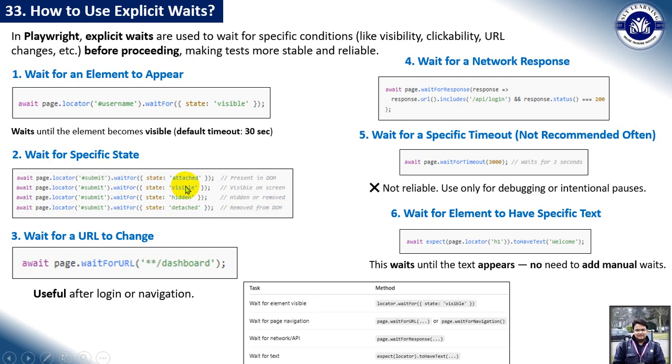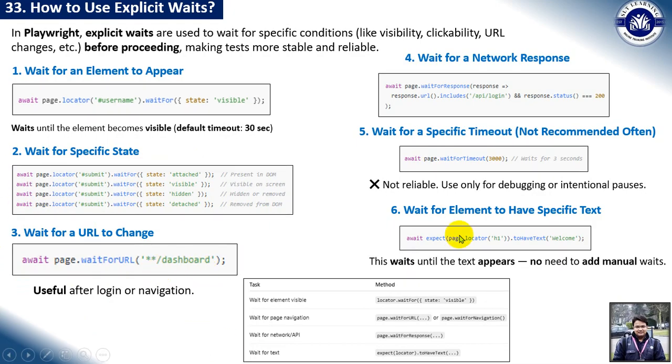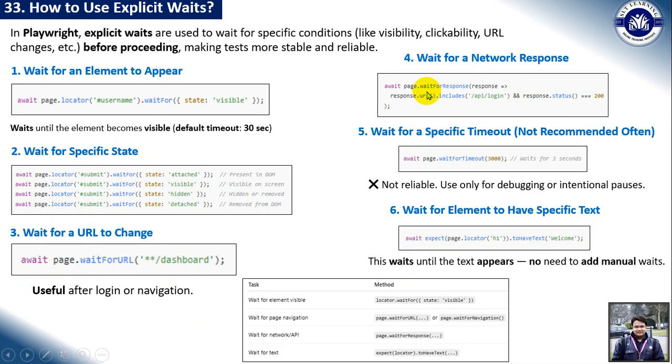So these are the different states you can validate when you are working with explicit wait. Okay, wait for URL to change, means wait for the URL to change to /dashboard, you can utilize this one. Then wait for network response, if you are hitting any API and you want to make a further action, before that you can wait for the response status to be equal to 200, then you can perform the other operation.